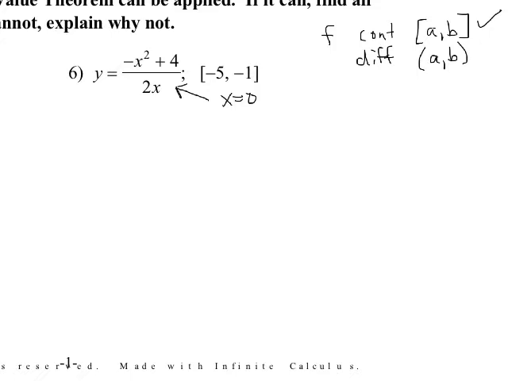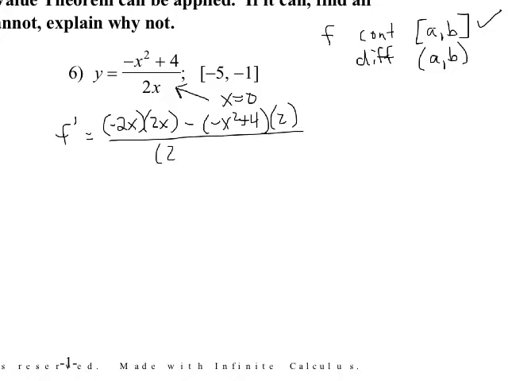So the derivative f prime is going to be the derivative of the top times the bottom minus the top times the derivative of the bottom all over the bottom squared. And here's another function where the only spot where it is not going to be defined would be when x is 0.